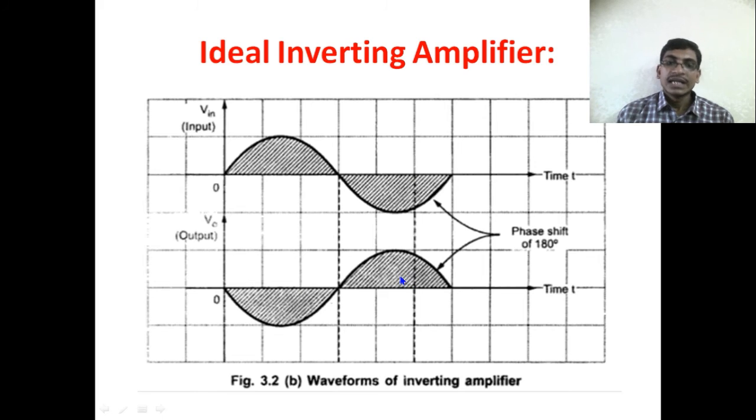We can observe a 180 degrees phase shift between the input and output. When the input is in the positive half cycle, the output is in the negative half cycle. When the input is in the negative half cycle, the output will be in the positive half cycle. Like that, the input and output are both 180 degrees phase shifted versions. This is about the ideal inverting amplifier.